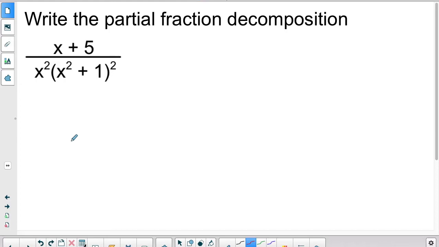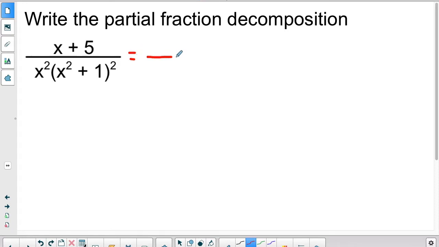This one right here, so this will be the last example problem for 7.44. Now this here is already factored, and the numerator is less than the denominator. The degree of the numerator is less than the degree of the denominator.